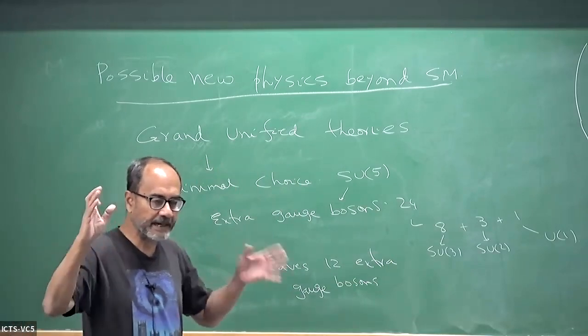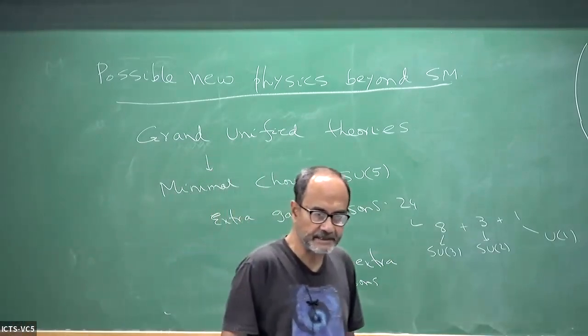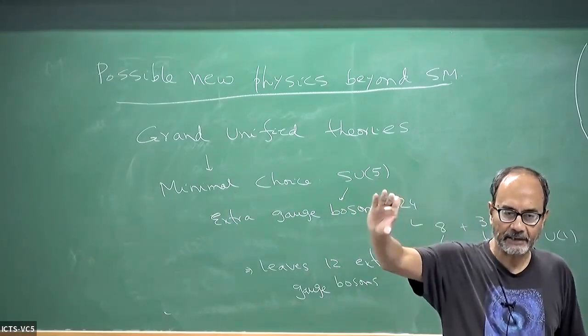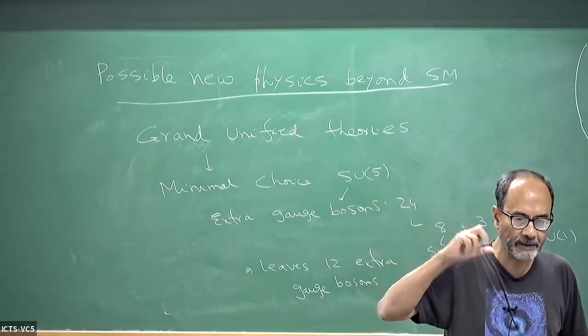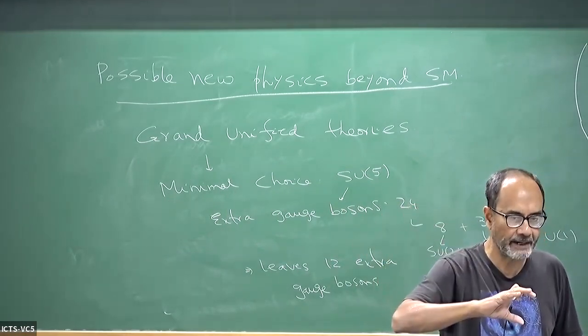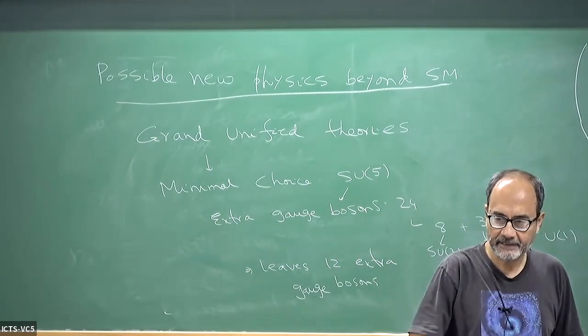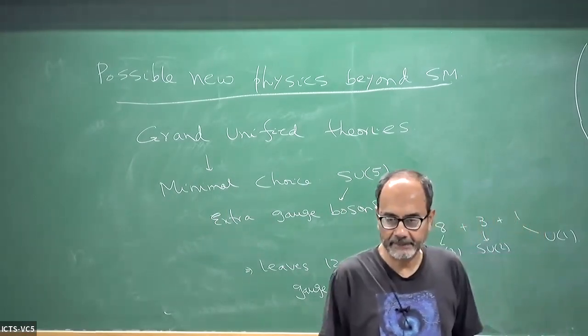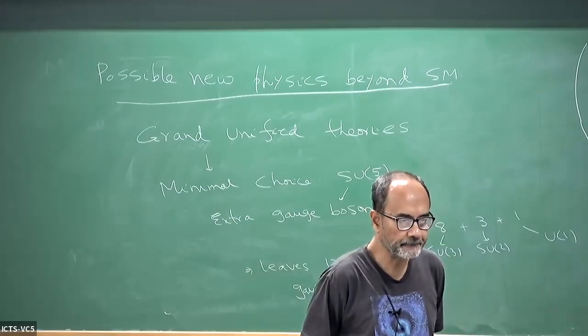In terms of the generators, if we represent them as 5 by 5 matrices, these 12 extra bosons are basically the 6 in the upper right hand block, which is a 3 times 2 block, and 6 in the lower left hand block. That's the way you think of these extra gauge particles.